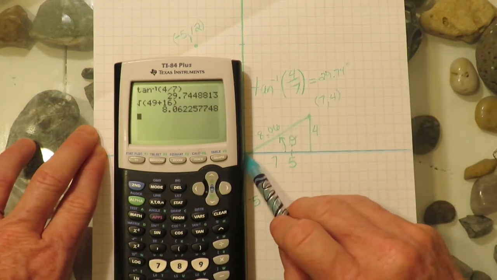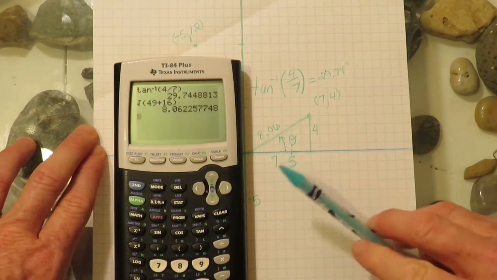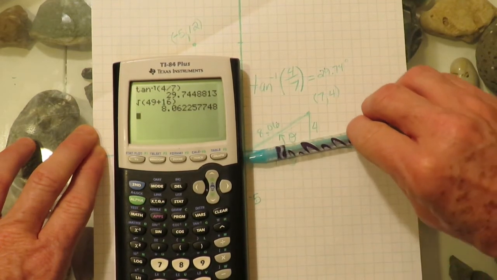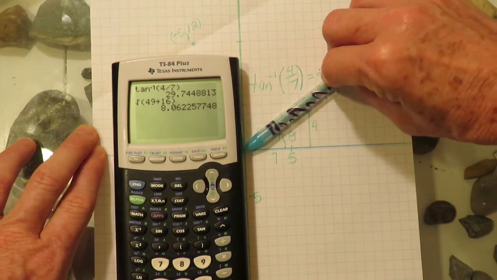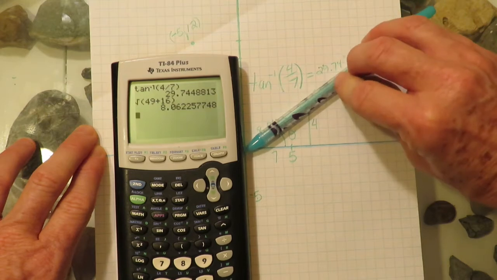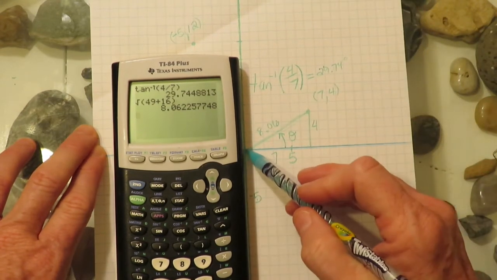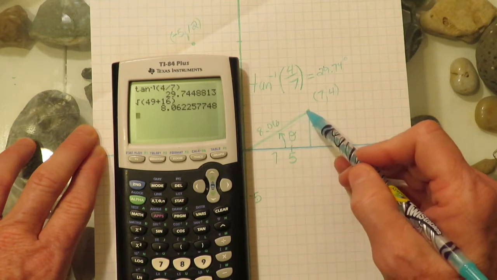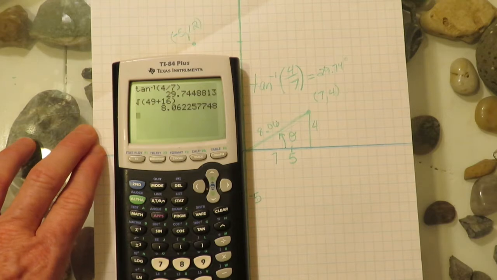Okay, so again, given a little wiggle room for rounding, if I started at the origin and I rotated so that I was facing 29.74 degrees, and then I started my motor running and I went a distance of 8.06, I would land at that same point, 7, 4.